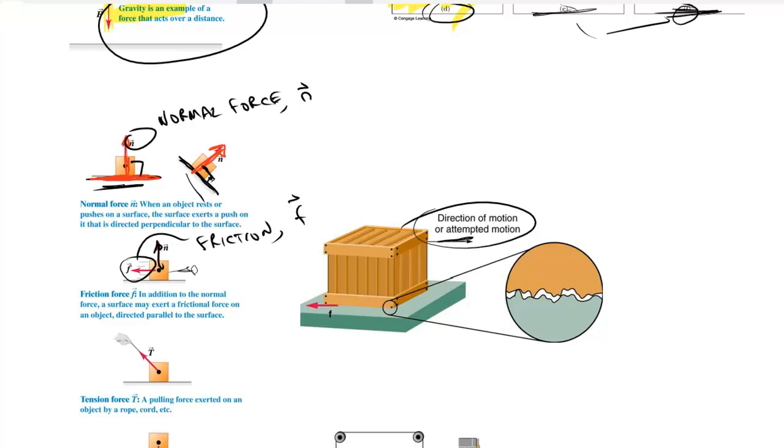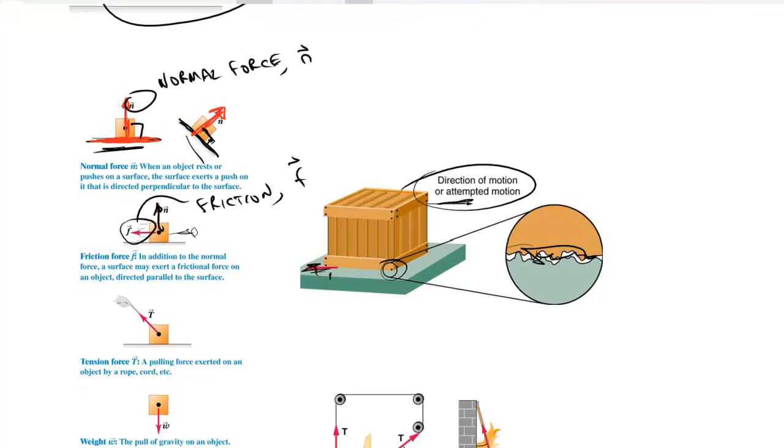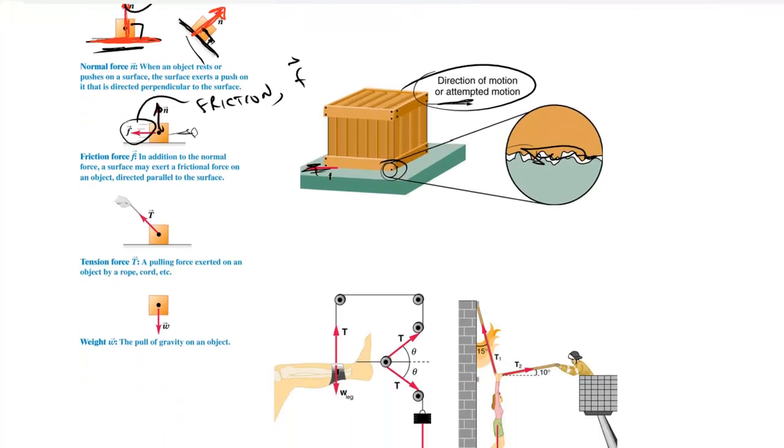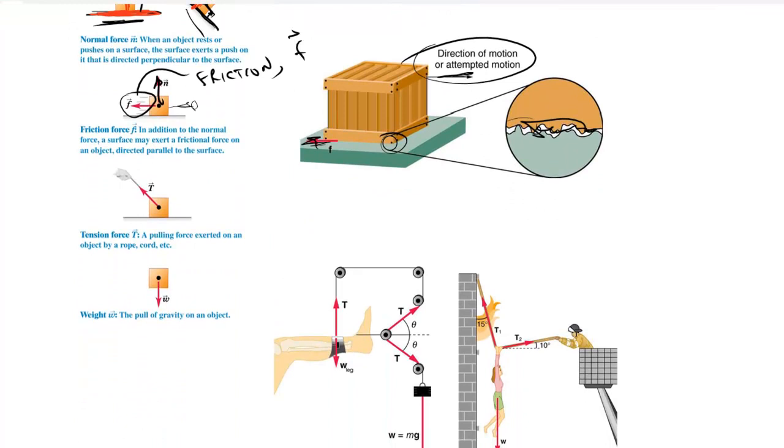If the direction of our attempted motion is to the right, then the friction would act to the left. And this all comes from the interaction, if we zoom in here, between the roughness of these surfaces, but we'll investigate that in more detail later. So it's parallel to the surface and opposite the direction of the motion.